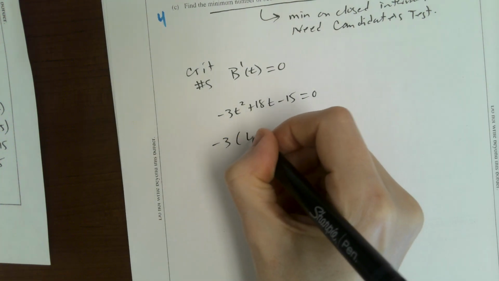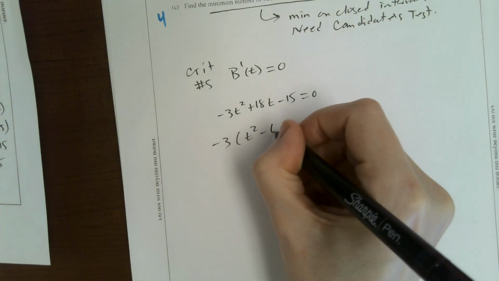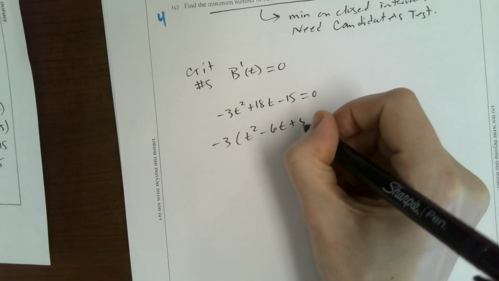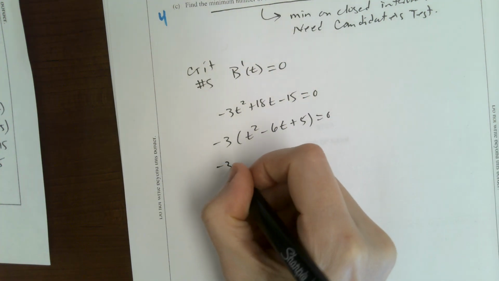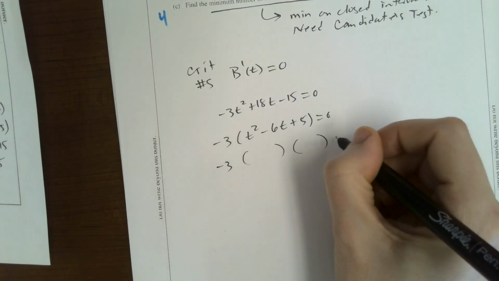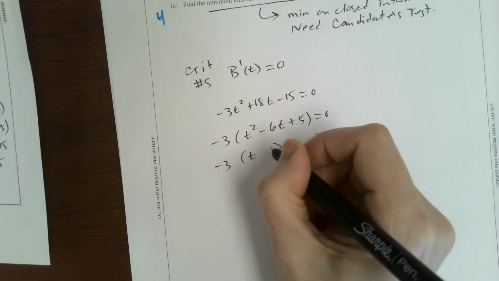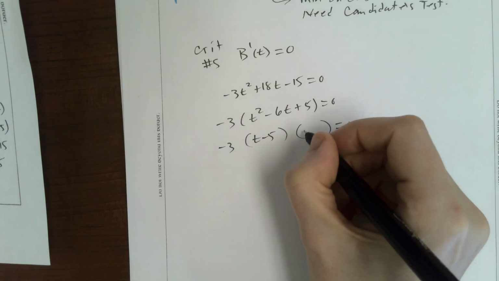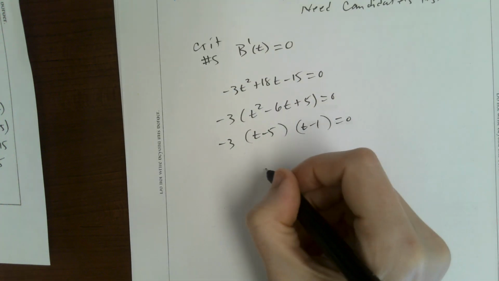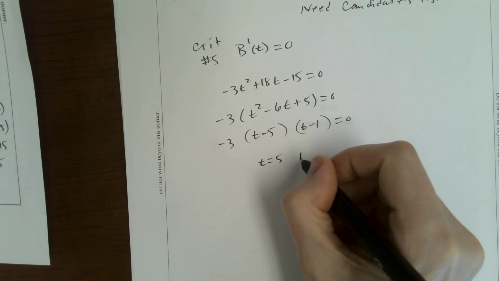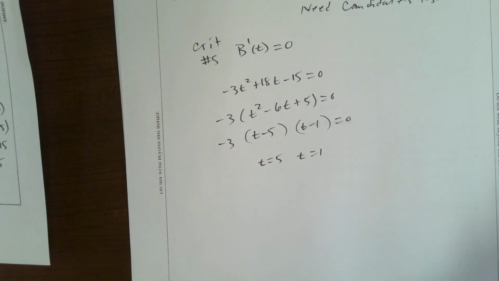Take out a negative 3. Okay, and then this factors as t minus 5, t minus 1. So t equals 5 hours, t equals 1. So we're not done.